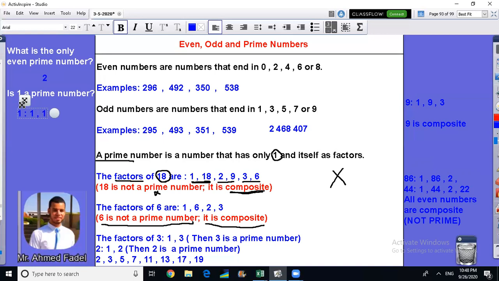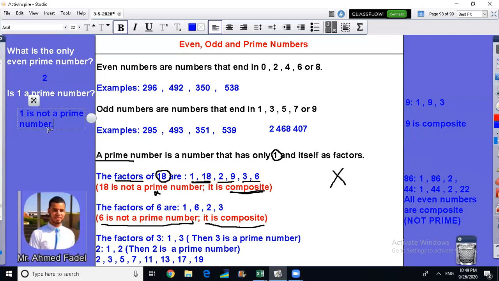We write it only once. If it has only one factor, like here, then it's not prime. So 1 is not a prime number.